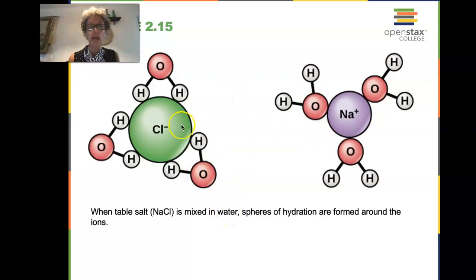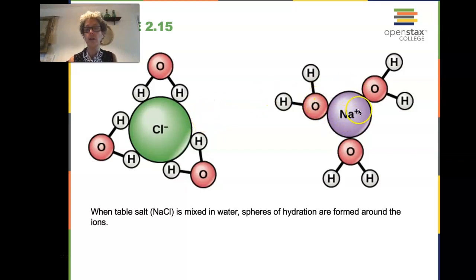Now when we look at how sodium chloride, table salt, reacts in water, the reason why it dissolves so well, unless you put an enormous amount in, is that each negative chlorine ion attracts the partially positive hydrogen atoms on the water molecule. And it becomes surrounded by those water molecules, and now we're not going to get the sodium ions attracted to it.